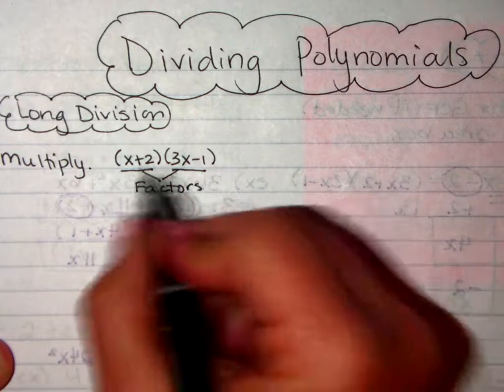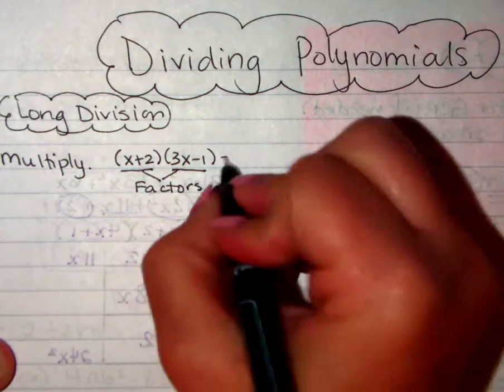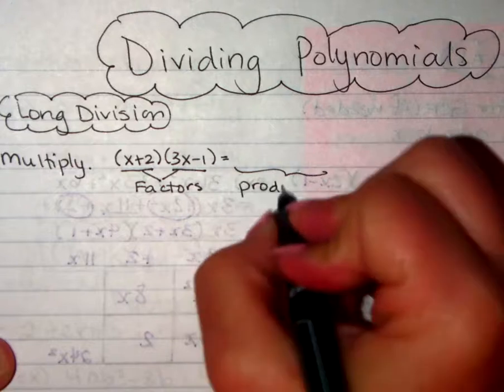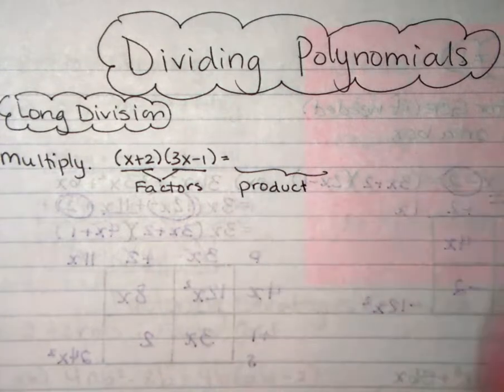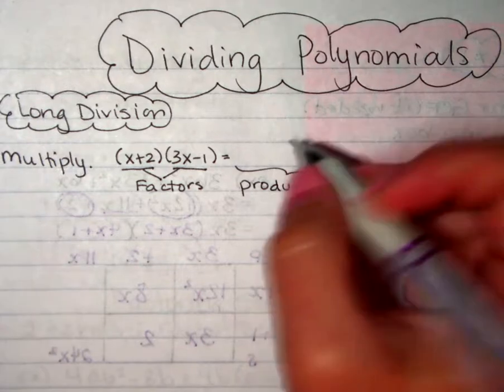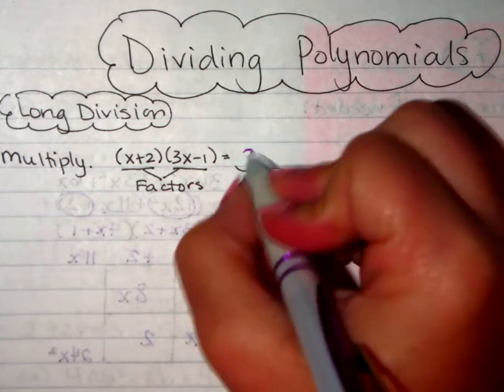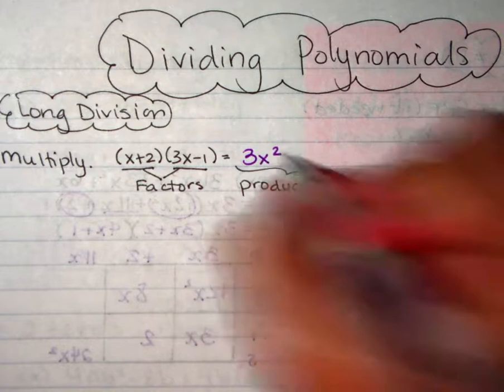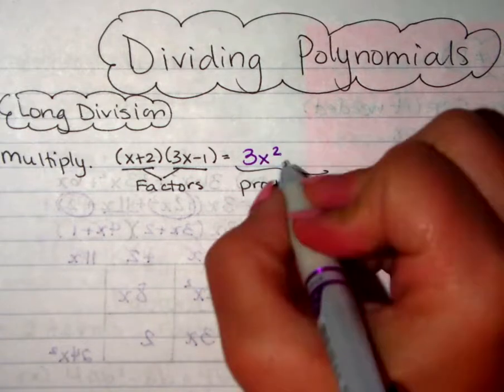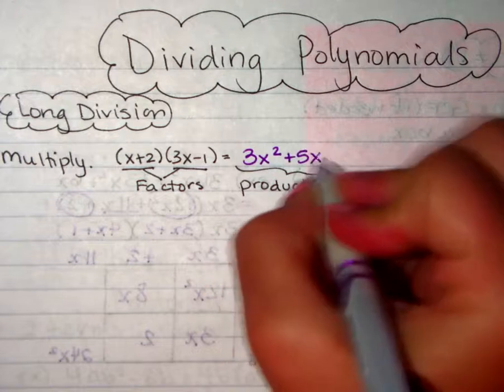The product of factors creates another polynomial. Whether I use an area box or columns, whatever method I want to use, I will get the polynomial product, 3x squared plus 5x minus 2.